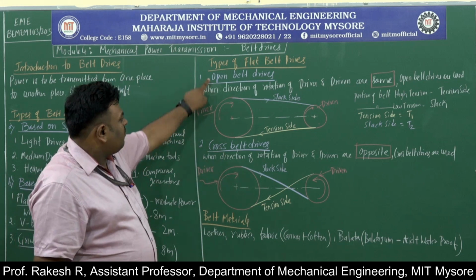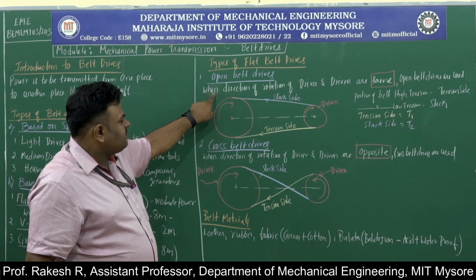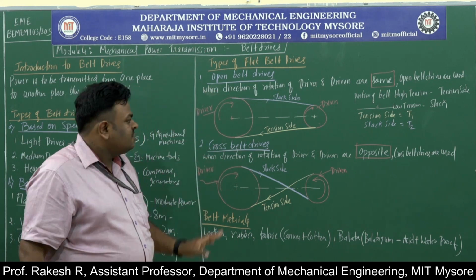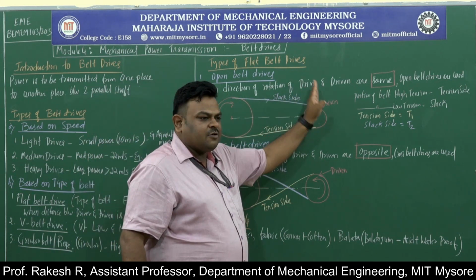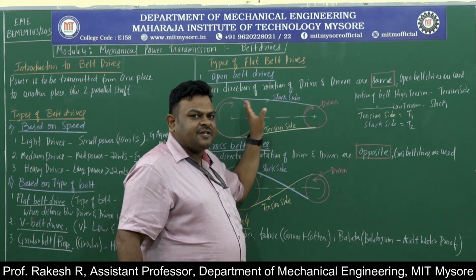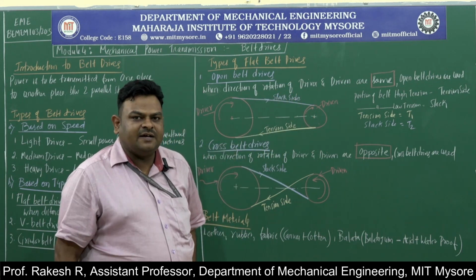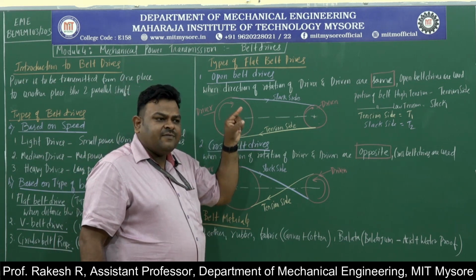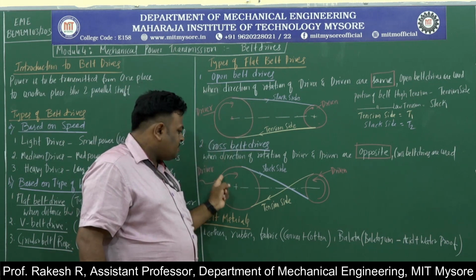In that, open and cross belt drive. Open belt drives are the belt drives when the direction of rotation of driver and driven are the same. So here driver rotates in clockwise, driven also rotates in clockwise. If the direction of rotation of driver and driven are opposite, then it is called a cross belt drive.